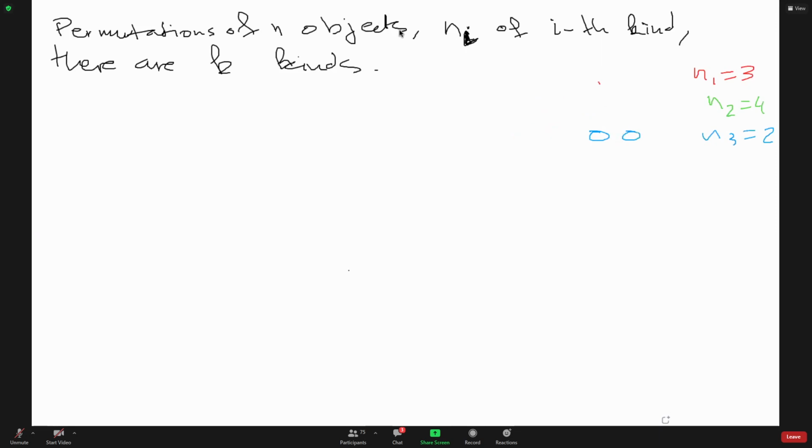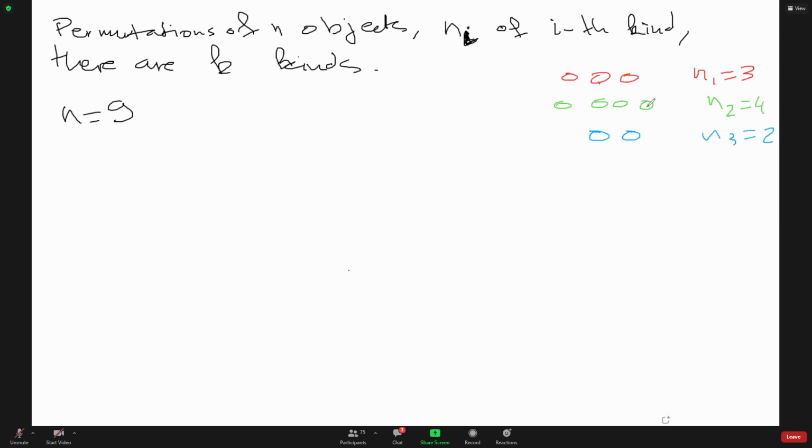So until now, essentially, we had distinguishable objects, right? Now, what I'm saying is I don't care about the numbers itself. So the objects are not all distinguishable. I have still 9 objects, okay? But I cannot distinguish between 2 red balls.